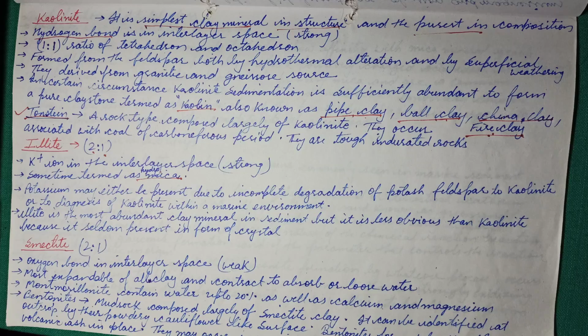Or it is due to diagenesis of kaolinite within a marine environment. So how is potassium present? Because of incomplete degradation or in the diagenesis of a marine environment. The marine environment may contain potassium ion, so potassium may be present in them.